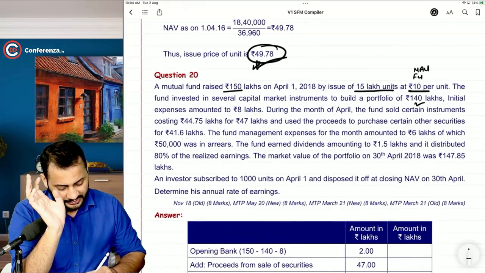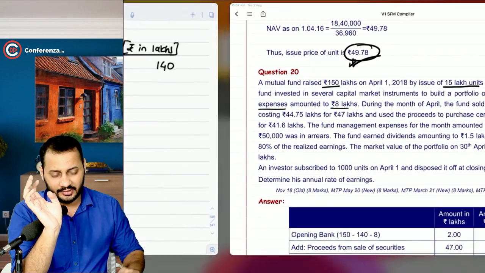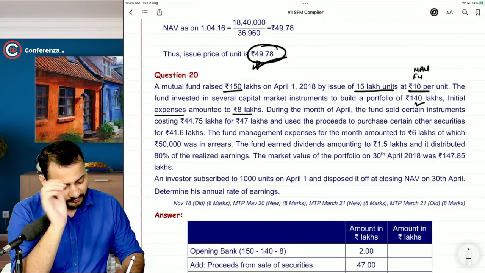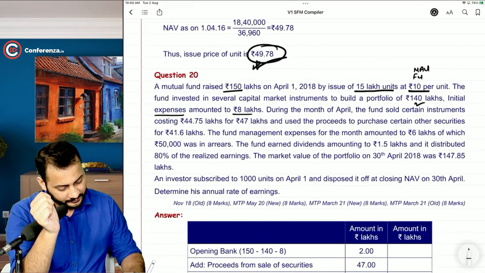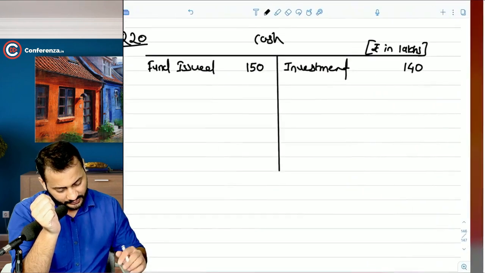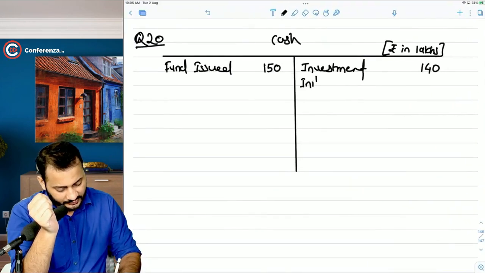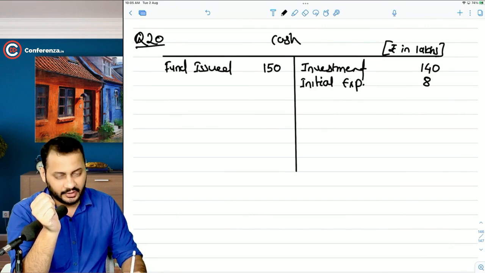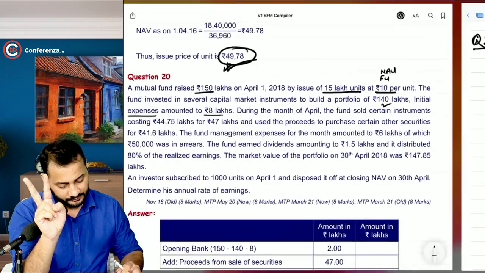Initial expenses amounted to 8 lakh rupees. So let's say initial expenses 8 lakh rupees. We are left with 2 lakh.